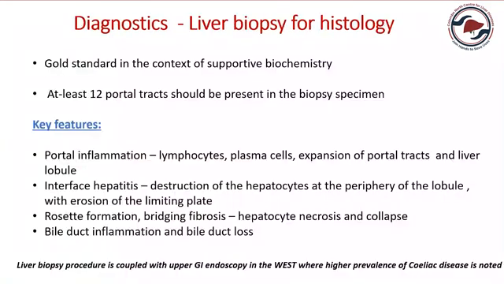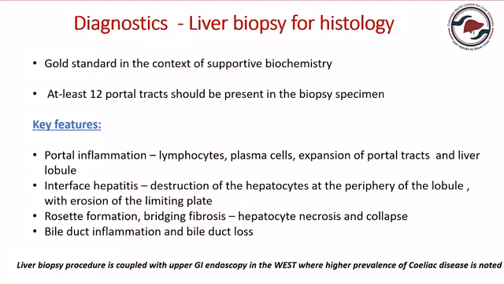What's the place for liver biopsy in terms of the diagnosis? It is the gold standard actually, though it's not really 100% specific. In the context of having supportive biochemistry and in experienced hands, it's very, very helpful. Autoimmune liver disease is a diagnosis which you can't make without a liver biopsy.